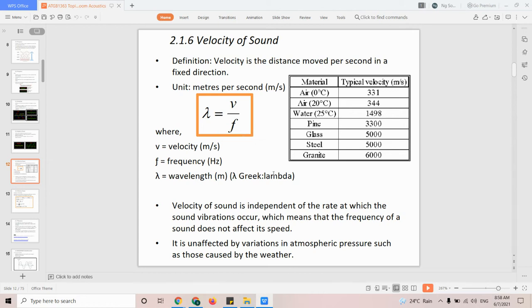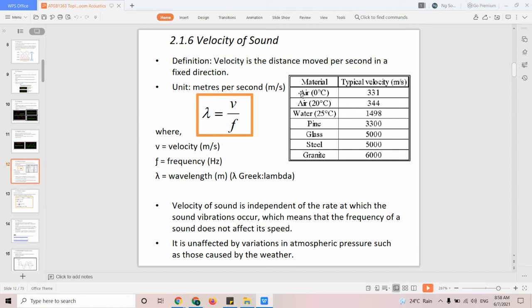Depending on the type of material sound is moving through, either air, water, or solid, the three states, they will have different velocity. This table shows you the typical velocity when sound is moving through these materials.